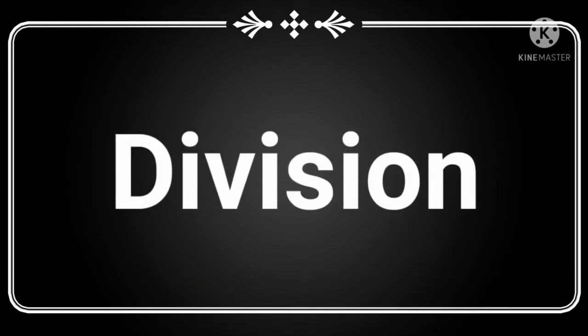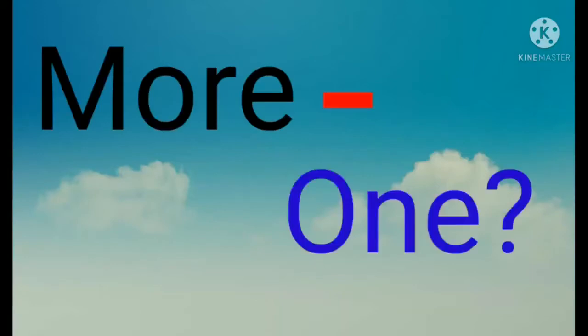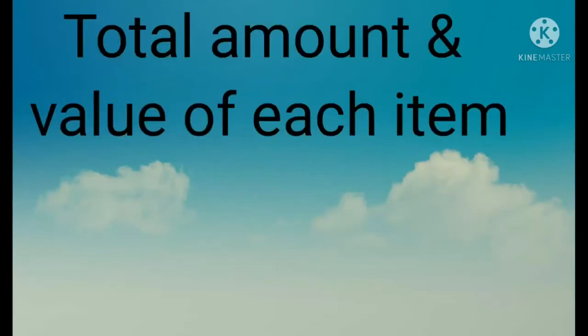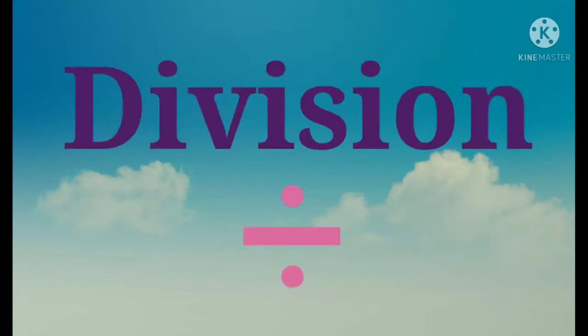They give the value of more things and ask to find the value of one thing. Also, the total amount and the value of each item are given to find the number of items. Okay, let's solve the problems based on division.